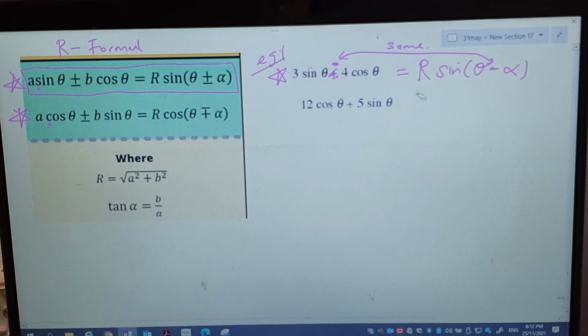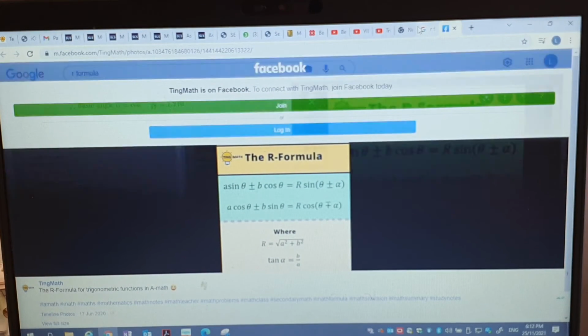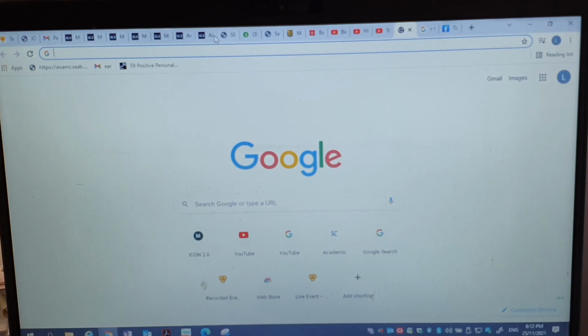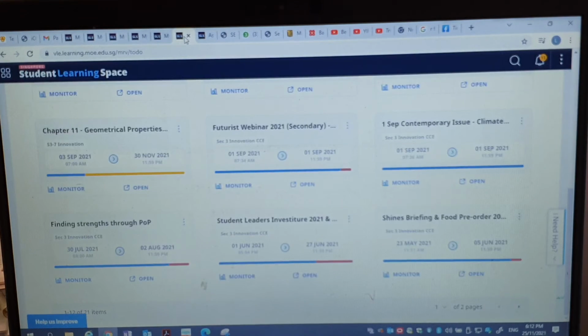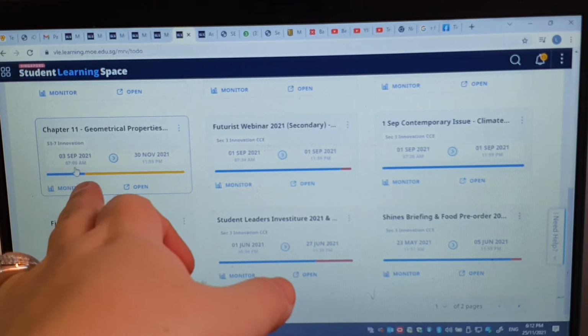Hey, by the way, your SLS. You all need to go and do your SLS. Many of you, I just looked at it, you all didn't do. Where's the SLS? I see the circles. Only these few of you did.